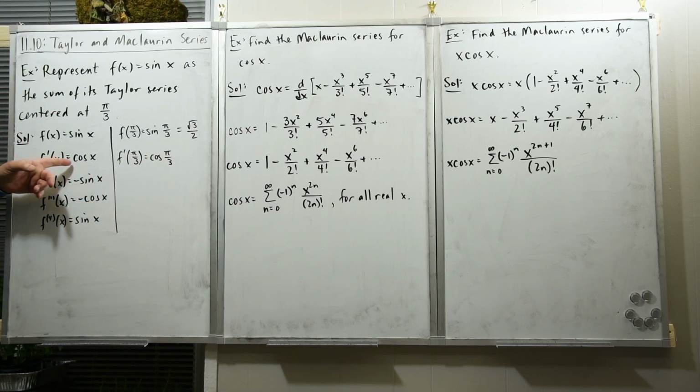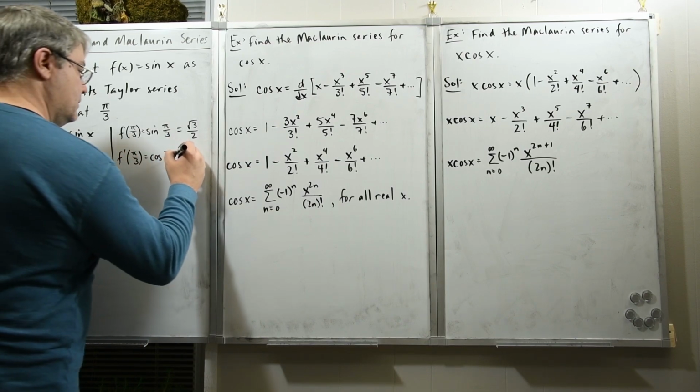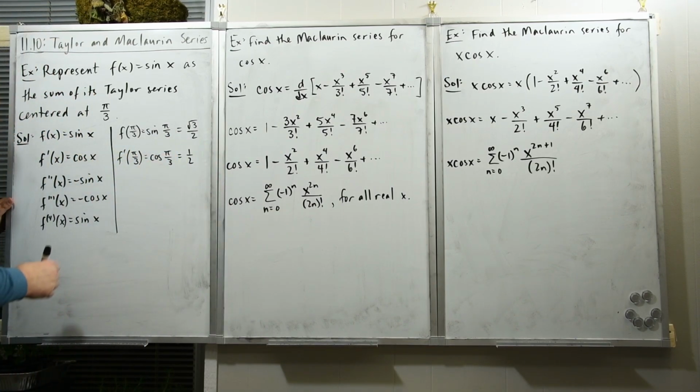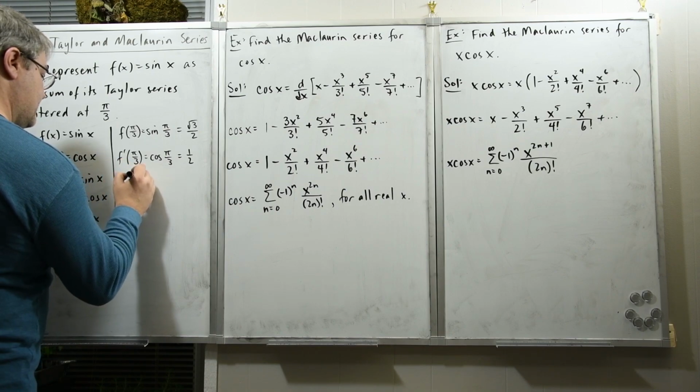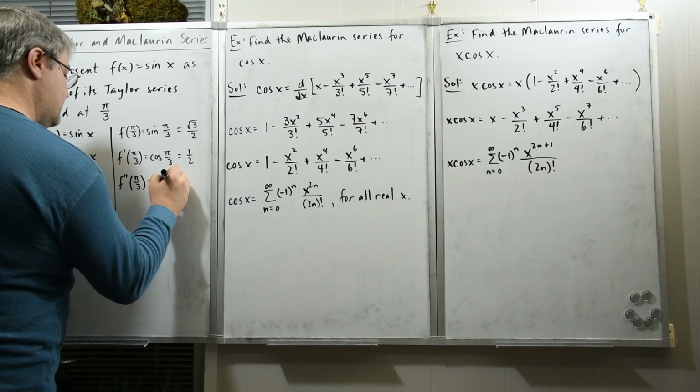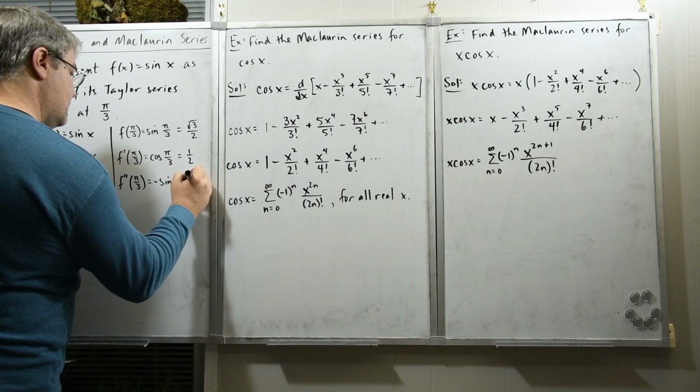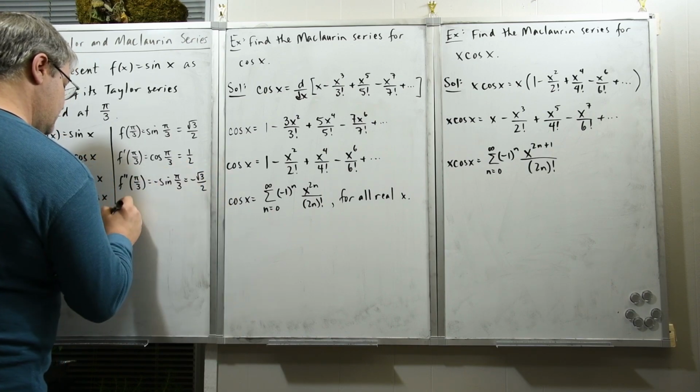F prime of pi over 3 is cosine pi over 3, and that's equal to 1/2. F double prime of pi over 3 is negative sine pi over 3, which is negative square root of 3 over 2.